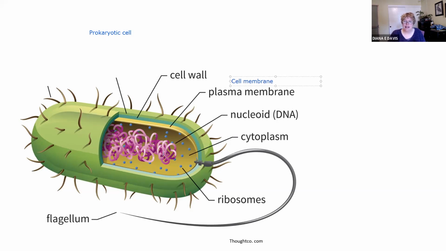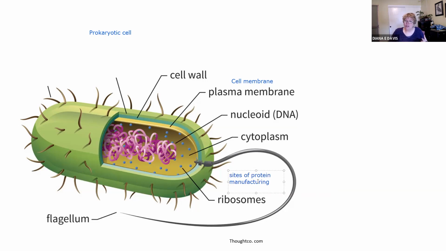It's got DNA. It's got cytoplasm, ribosomes. Ribosomes are sites of protein manufacturing. And that's kind of it. Not really much else going on there.